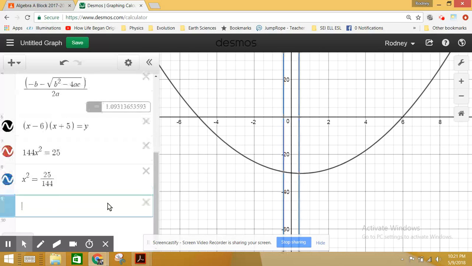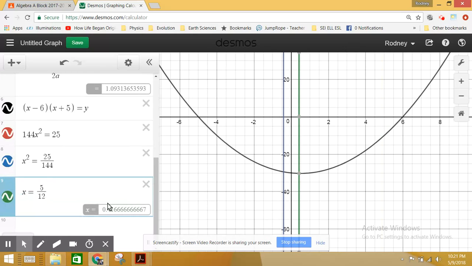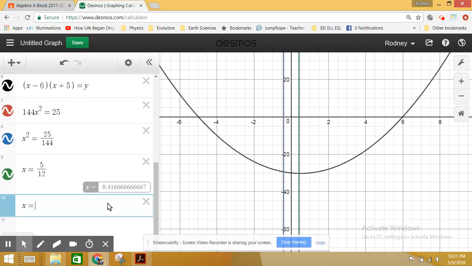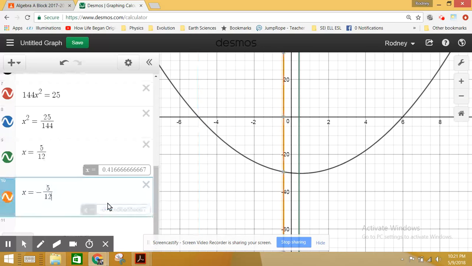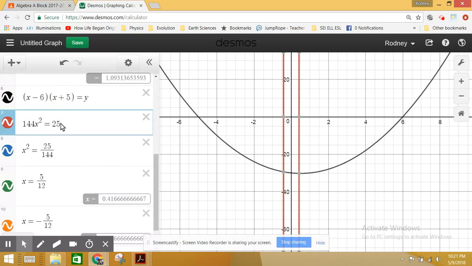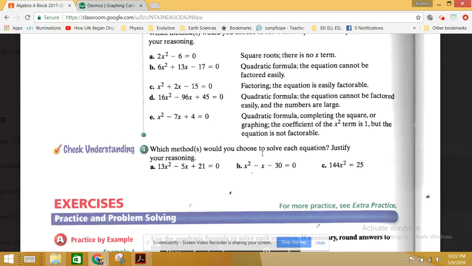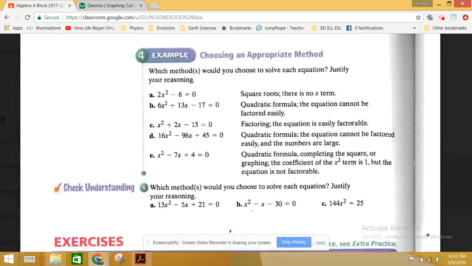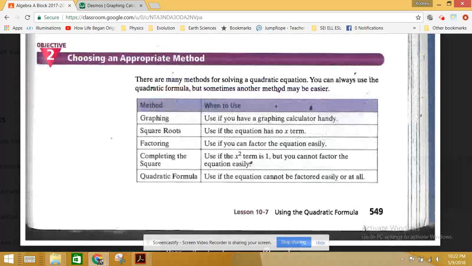And you get the square root of both sides. So x will equal plus or minus square root of 25 over 144, so it's 5/12. Or x equals negative 5/12. And those are my solutions. And I'm done.